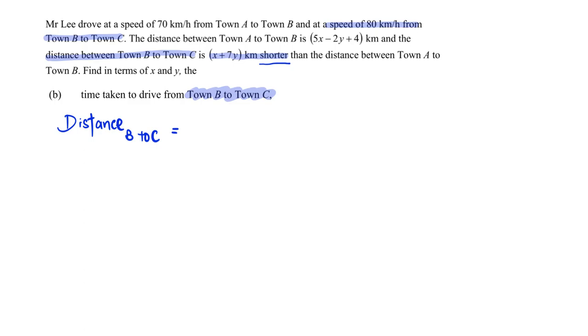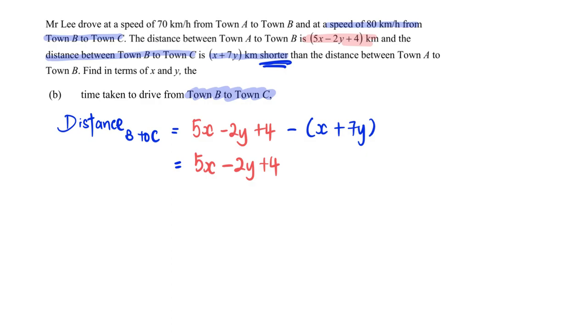And that requires us to minus away from the distance from town A to town B, 5x minus 2y plus 4, I would then need to minus away x plus 7y. This one is as a group, kilometers, because it is shorter. And so I continue to write this down.